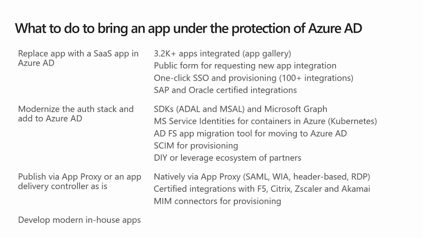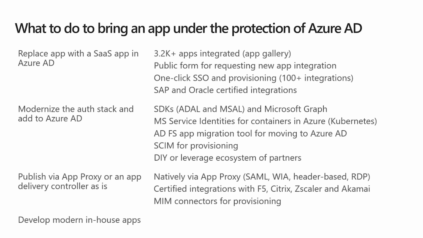And then lastly, the other option is, so if it's not on the gallery, if you cannot modernize the app, or the effort to modernize the app might be actually too big, especially because we might be talking about hundreds of applications. Actually, that's what the data show us, that most of these customers have hundreds of applications of this type.